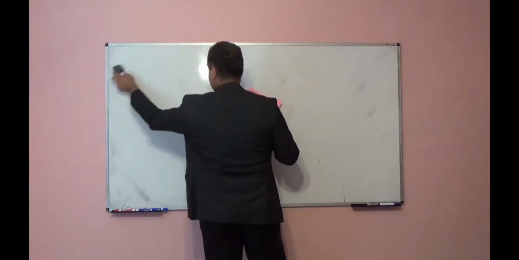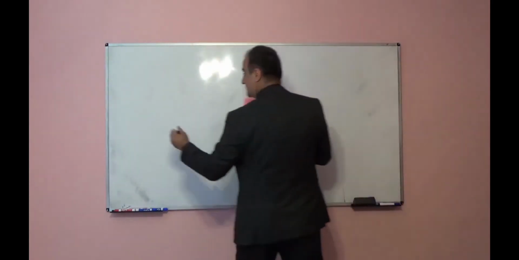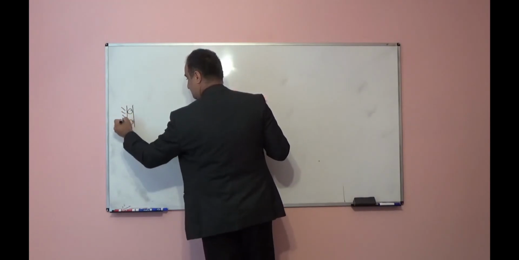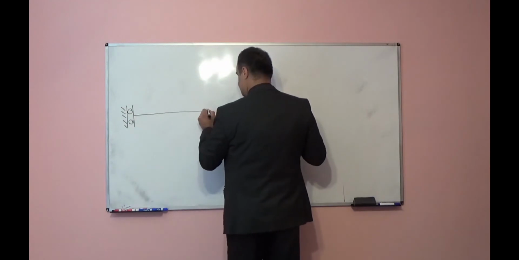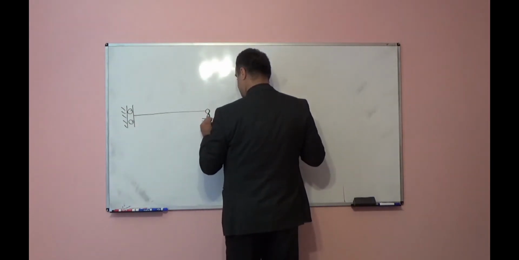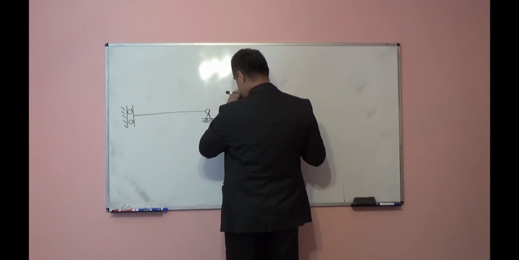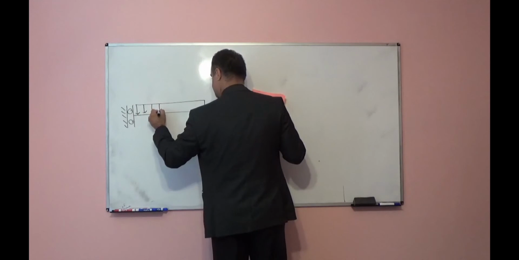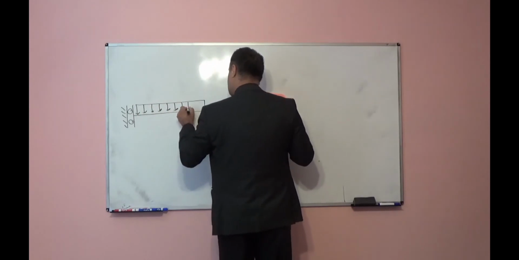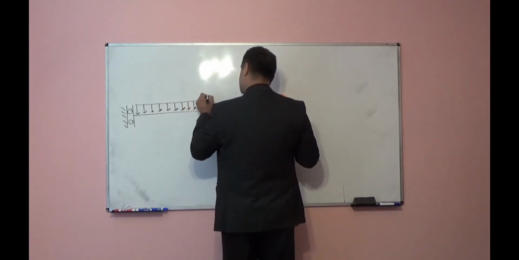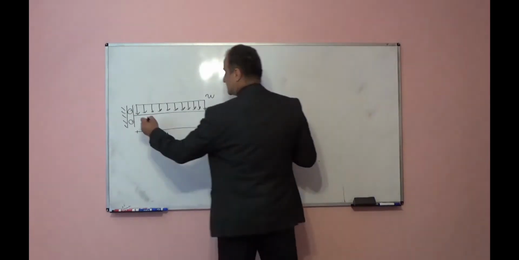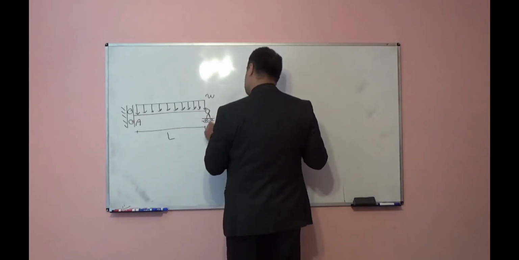Let me draw it a little bit lower here. The intensity of the uniform distributed load is W, the length is L. So if this is point A, this is point B, reaction at point B, By.